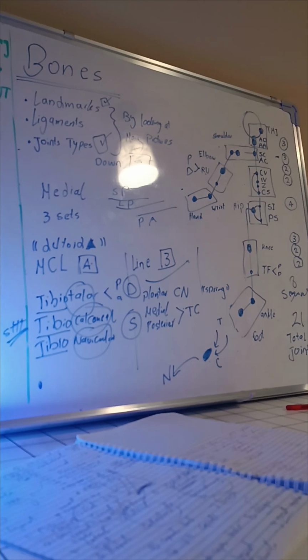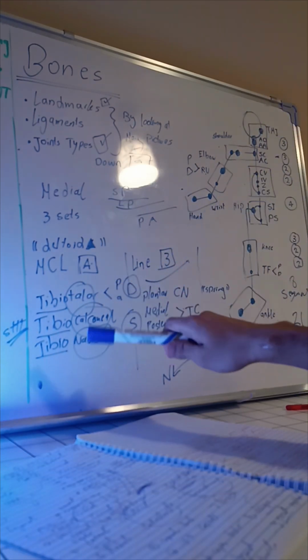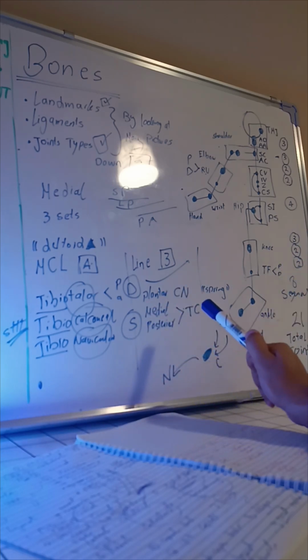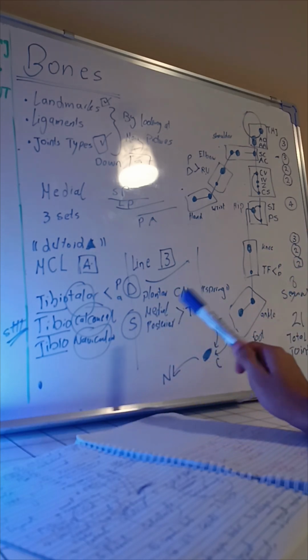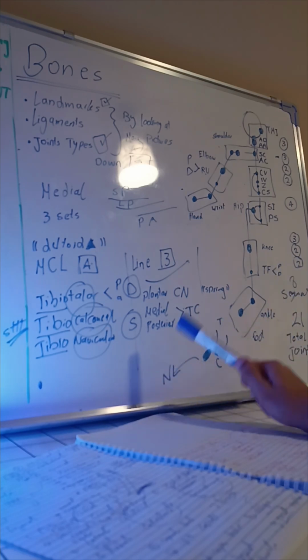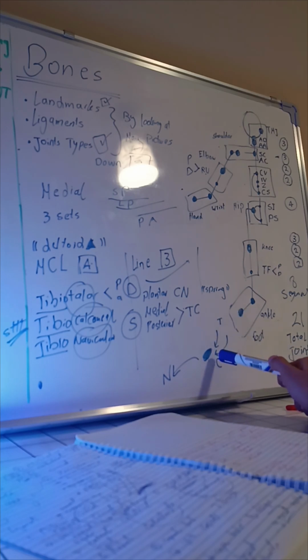That's all. The first is the deltoid medial collateral ligament: tibiotalar posterior, anterior, tibiocalcaneal, and the tibionavicular. And the three lines: the plantar calcaneonavicular, the spring ligament, and the medial and posterior talocalcaneal.